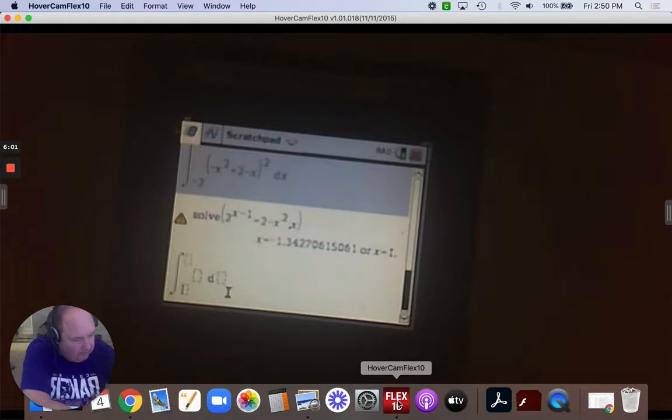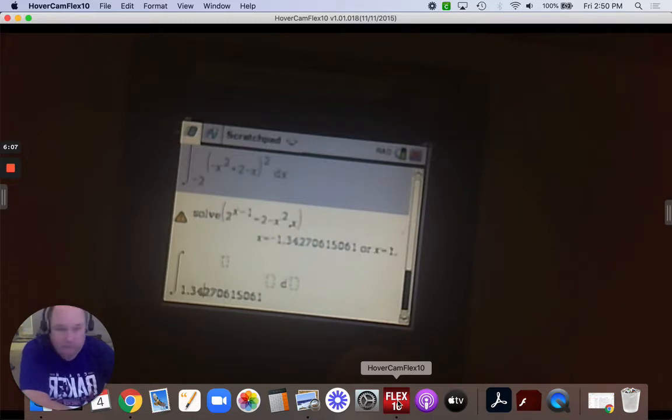Click on the bottom box, Control V, and then go back and make sure it's negative in front. For the upper limit, it's just 1, so I can type that in.